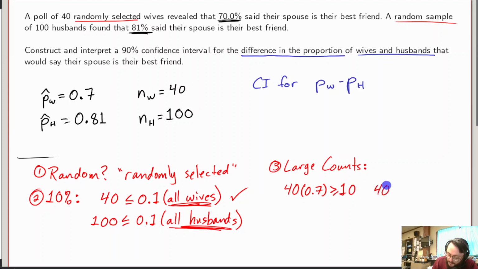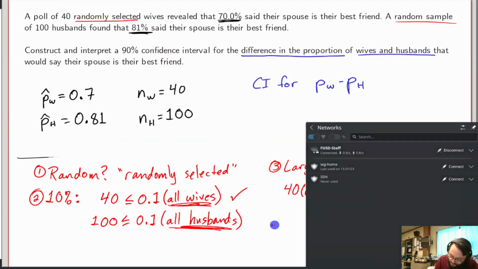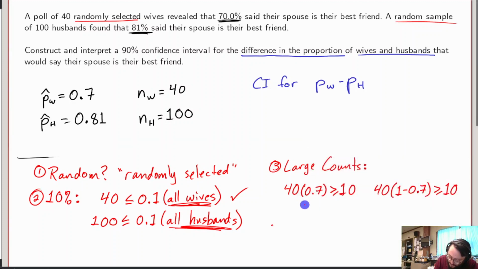We also need to check if n times 1 minus p-hat is at least 10. So 40 times 0.7 is 28, and yes, 28 is bigger than 10. That would also mean that this here is 12, and that is bigger than 10.